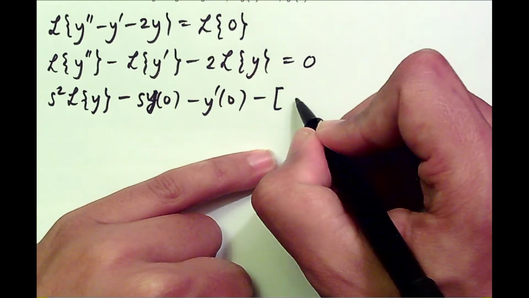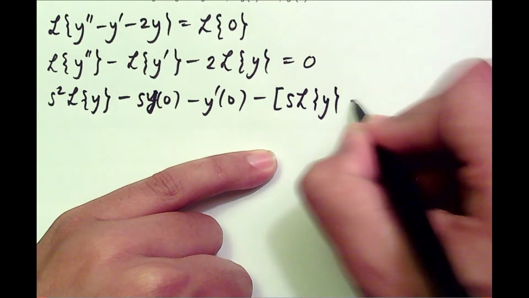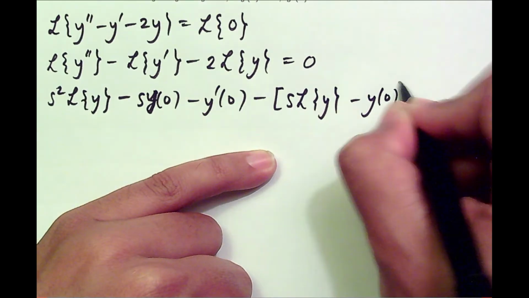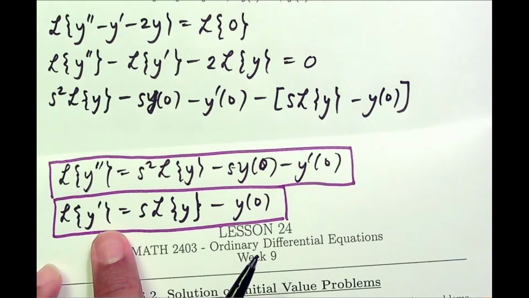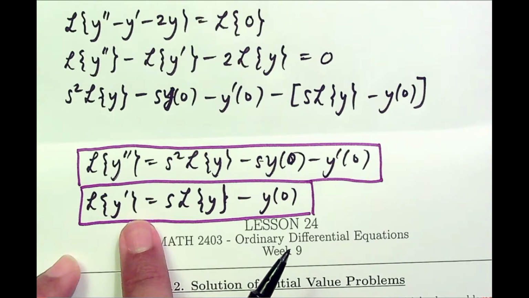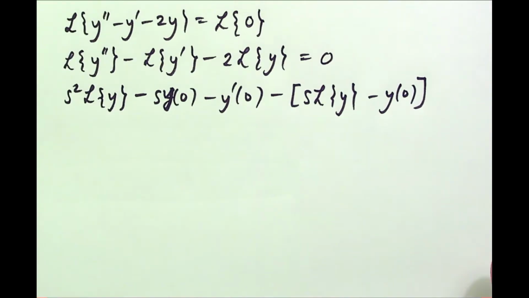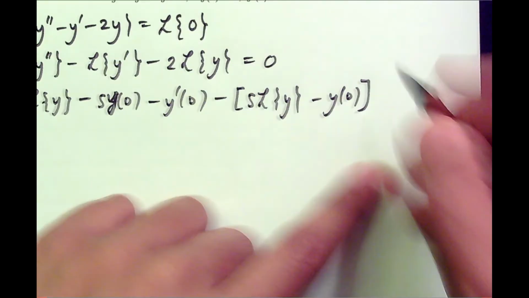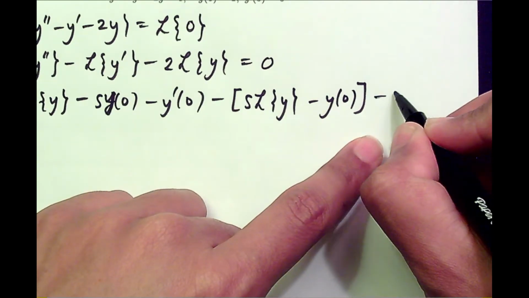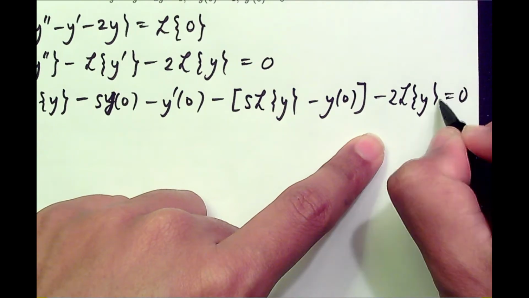Okay, then, now we're going to use that one. This is s L of y minus y of 0. That is this case, the case n equals 1, minus 2 L of y equals 0.